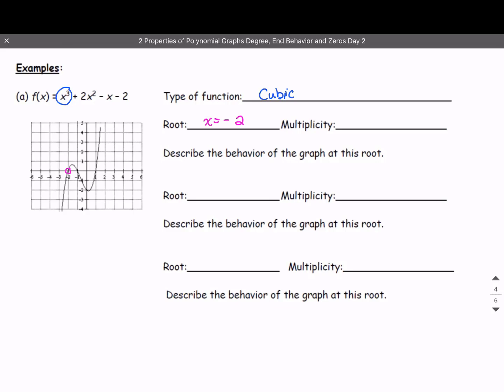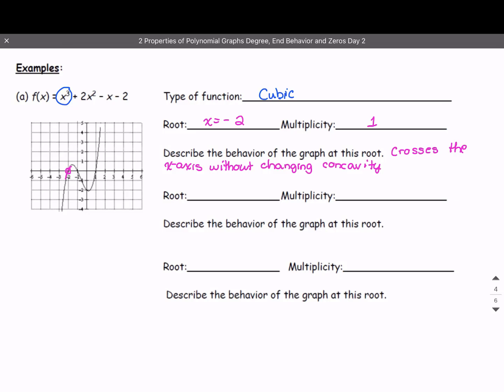And I believe that root is a root of multiplicity 1 because the graph crosses the x-axis without changing concavity. Okay, and the concavity is the way that the graph curves. Remember that. Okay, it's coming through the x-axis here, and it's not changing the way it's curved. The graph is slightly curved down the whole time.